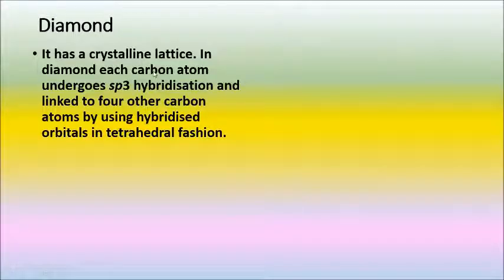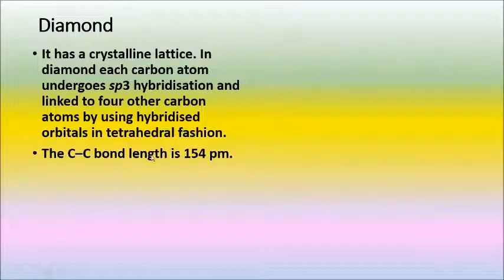Let's see the first type, that is diamond. It has a crystalline lattice, and in diamond, each carbon atom undergoes sp3 hybridization, and it is linked to four other carbon atoms by using its hybridized orbitals in a tetrahedral fashion.